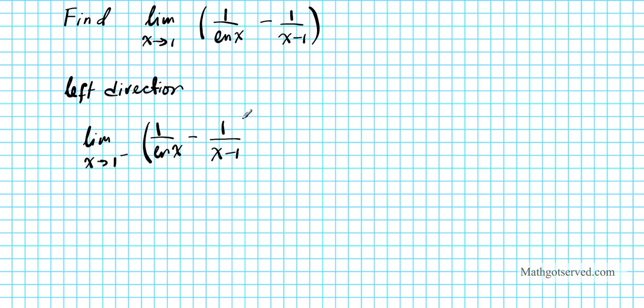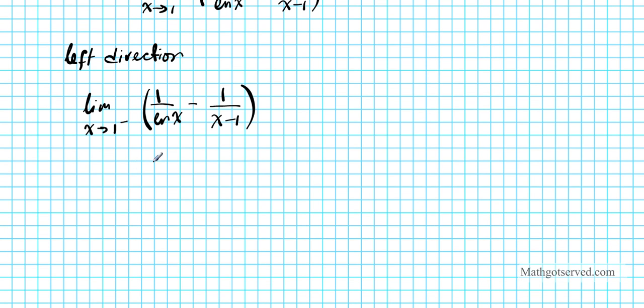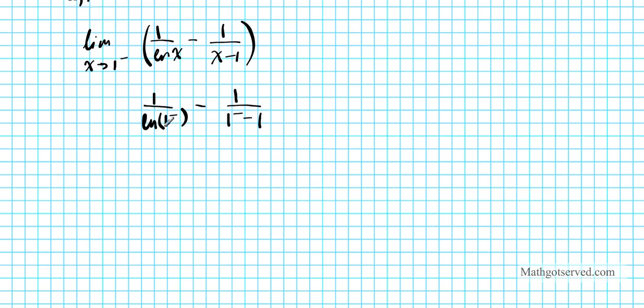Let's evaluate this. Just plugging 1 from the left into both of the x's, we have 1 over the natural logarithm of 1 from the left, minus 1 over 1 from the left minus 1.